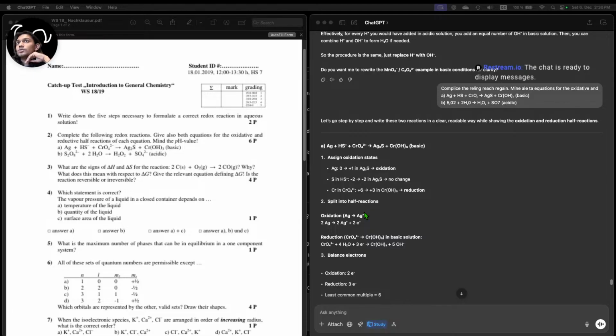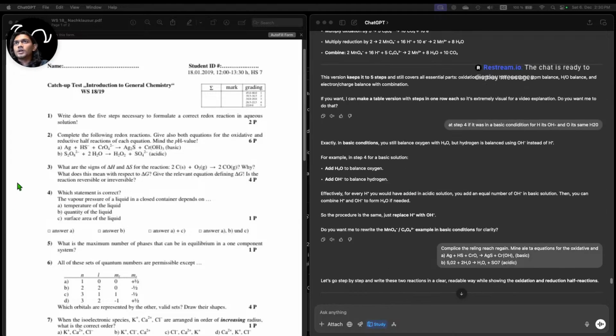What about S2? I don't want to look at that. S2O8 2 minus to H2O. 16, 14, 7, plus 7. 2 4 8, 6.